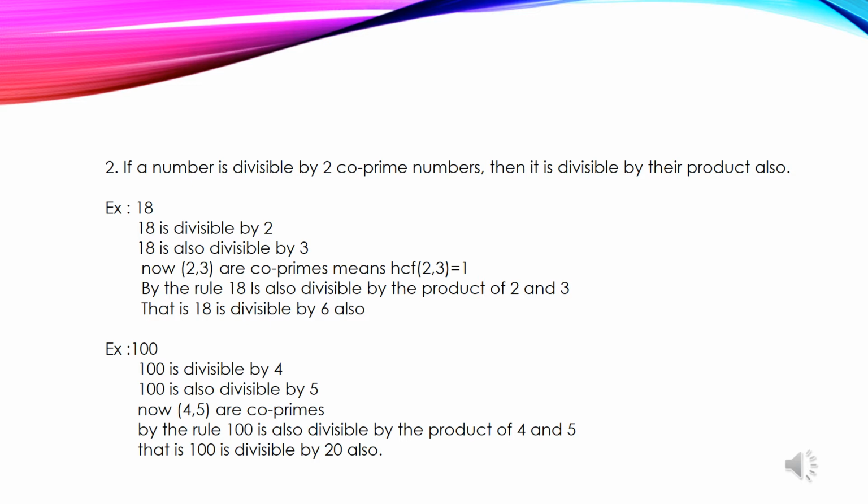I am taking 100. 100 is divisible by 4 and we know that 100 is also divisible by 5. And we can say that 4 and 5 are co-primes because the HCF of 4 and 5 is 1. So 100 is also divisible by the product of 4 and 5, that is 20. Means 100 is divisible by 20. This is the second rule. Okay.